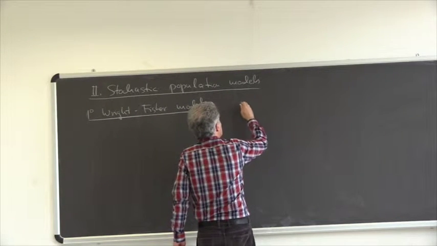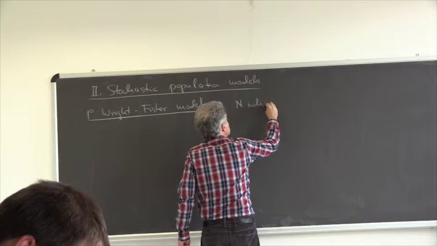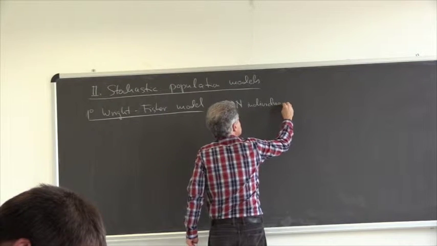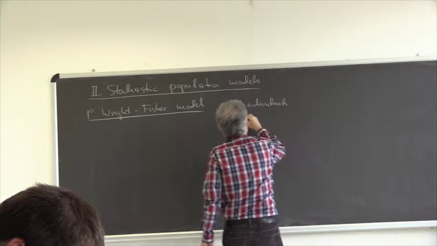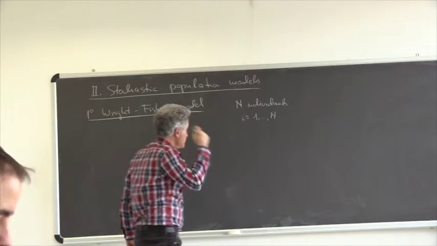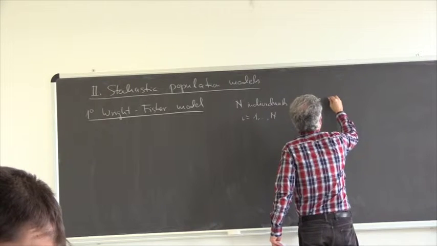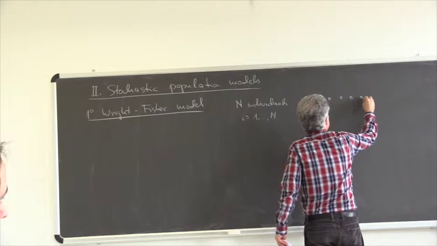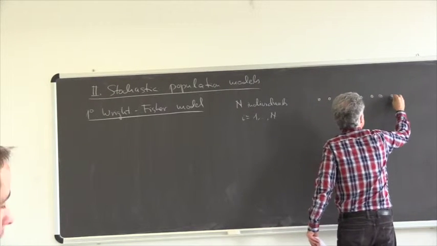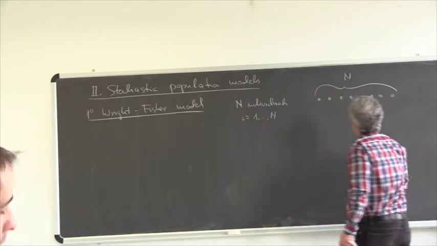So we have n individuals, and they are labeled by some index i from 1 to n. Let's depict each individual by a little dot here. So these are n individuals.